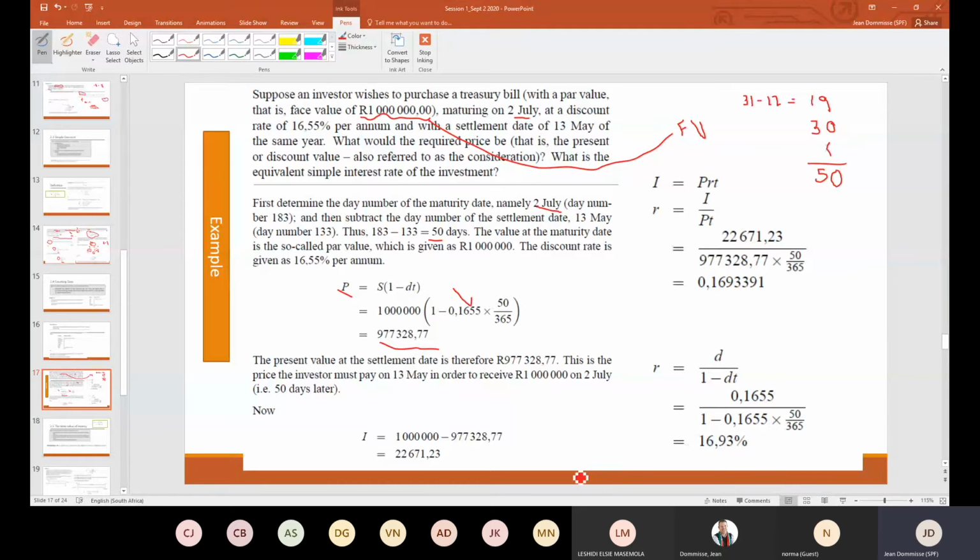So if we then follow the same principle that we did in the first example a bit early in one of the slides, we need to get to the R. We have an I because that is what we have calculated there. We have a P, that is what we have calculated there.